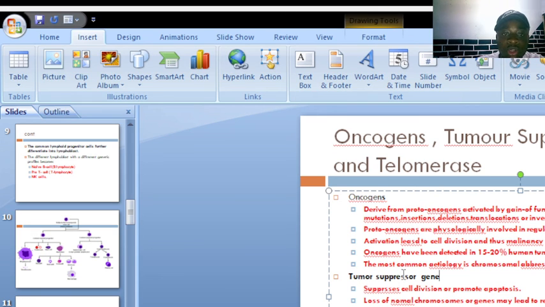So if there is loss of function, they can cause malignancy. Not gain of function, but loss of function, malignancy. And this is achieved when there is loss of function mutation, like I said. Very, very, very important.